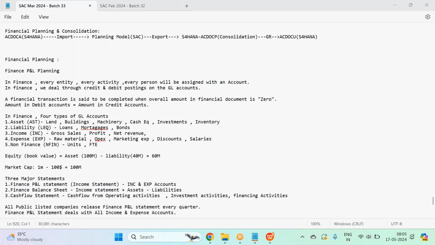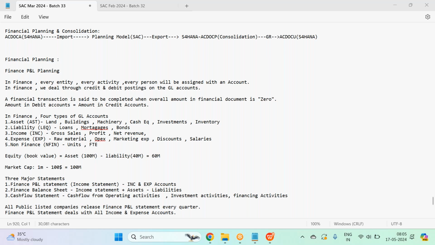So you don't see measures in finance, guys. You really don't see measures in finance. I'll give a simple example, guys. Suppose your company is producing some products, and for that they need a raw material.